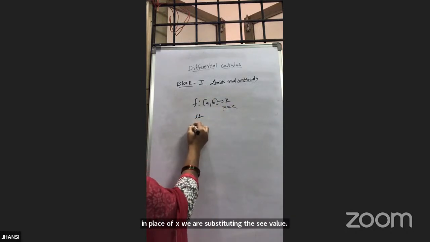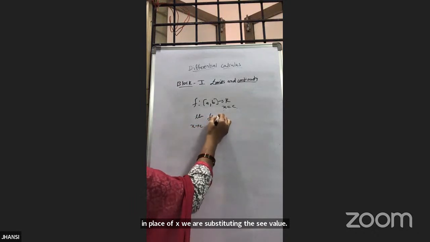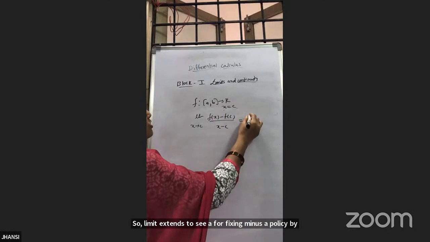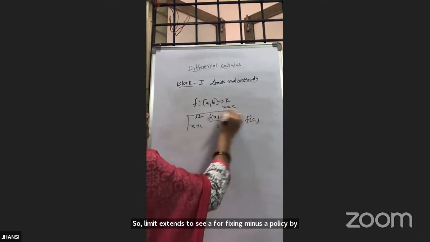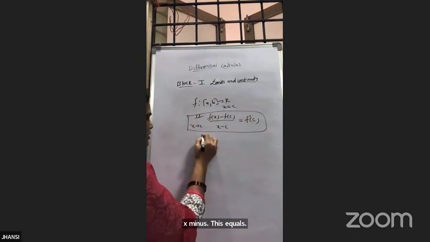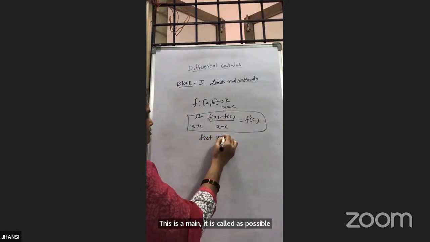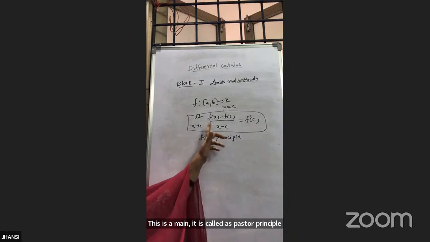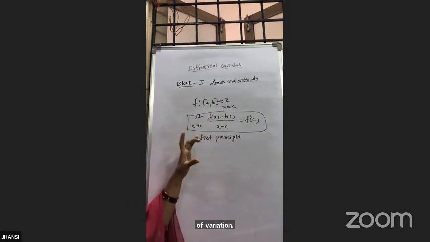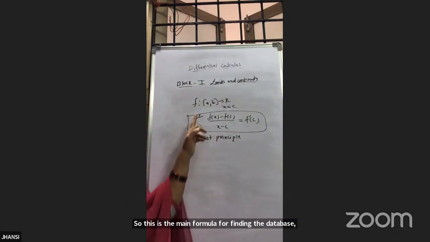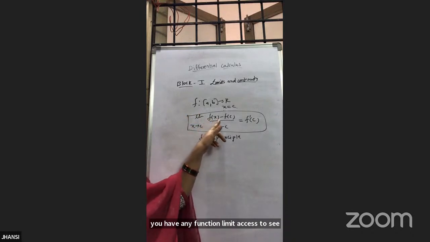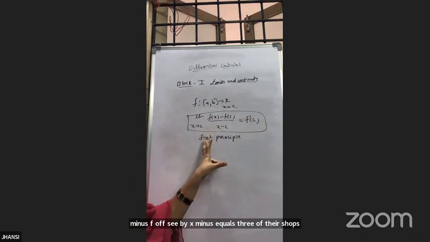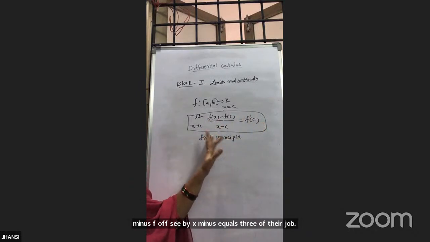Limit x tends to c, (f of x minus f of c) by (x minus c) is called the first principle of derivation. This is the main formula for finding the derivative of any function. Limit x tends to c, (f of x minus f of c) by (x minus c) equals f dash of c. This is called the first principle of differentiation.